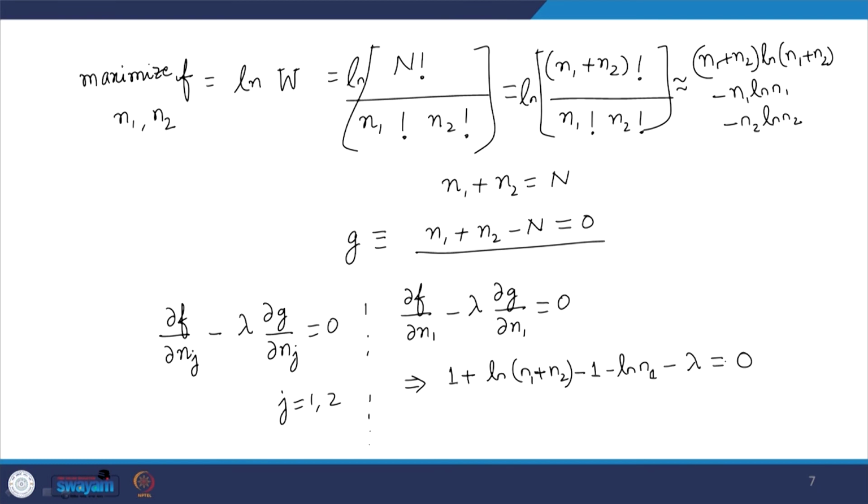So, this is equal to 0. So, what we have is ln n1 plus n2 minus ln n1 is equal to lambda.